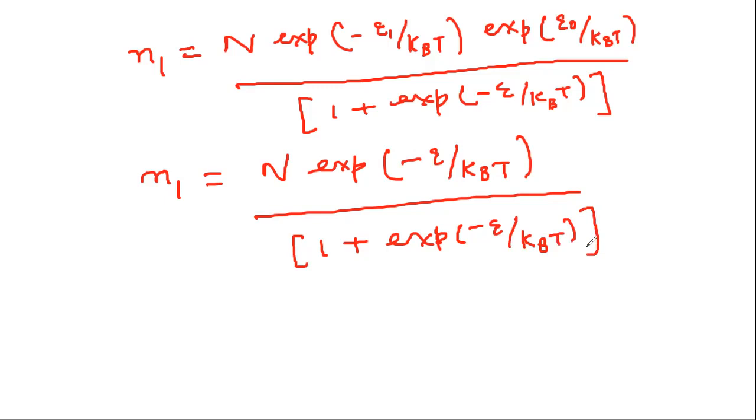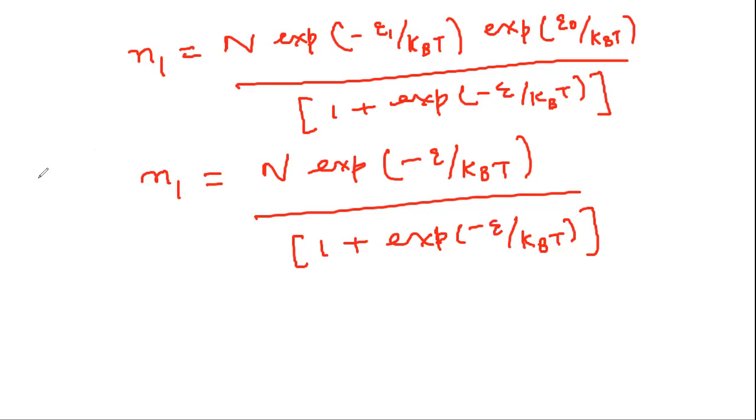Because you know epsilon is the difference in the energy of the two states. It is E1 minus, sorry, epsilon 1 minus epsilon naught. I have used that. So it is N exponential of minus epsilon by kT divided by 1 plus exponential of minus epsilon by kT. Then I can rewrite it this way.